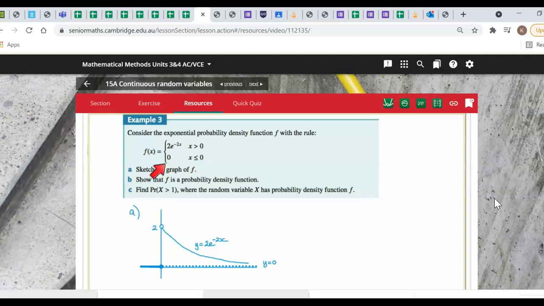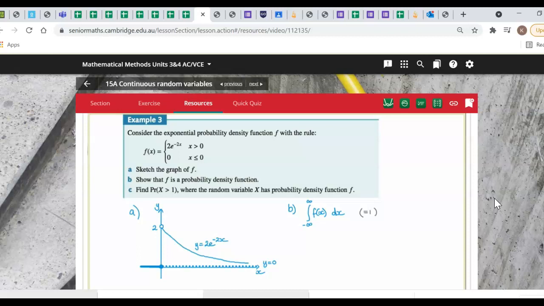The other piece of information in this hybrid is that we follow f of x equals 0 for x less than 0. So that means I need to have a nice thick horizontal line there at y equals 0. I've also included down the bottom here our asymptote to show that this graph is approaching y equals 0. To finish it off, I've labelled my axes.